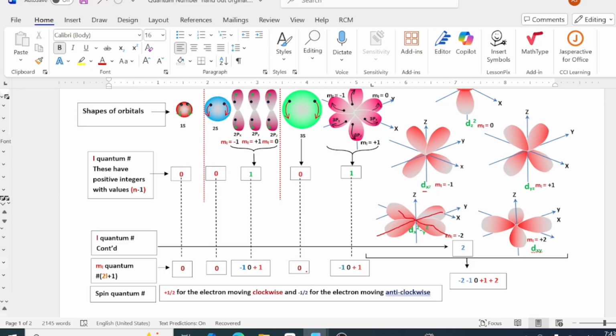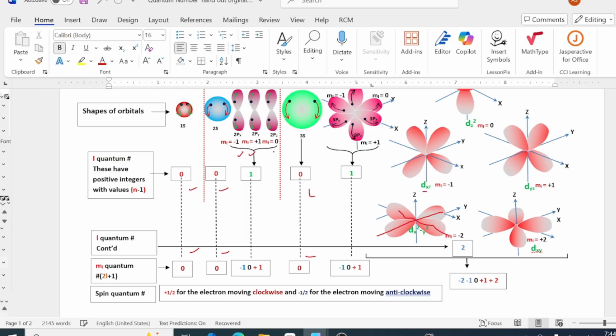Two things are common about s orbitals. They all have the same secondary quantum number of 0, and they all have the same magnetic quantum number of 0. So if someone says to you again, an orbital has n equals 2, L equals 1, it could be any one of these 3 2p orbitals here.